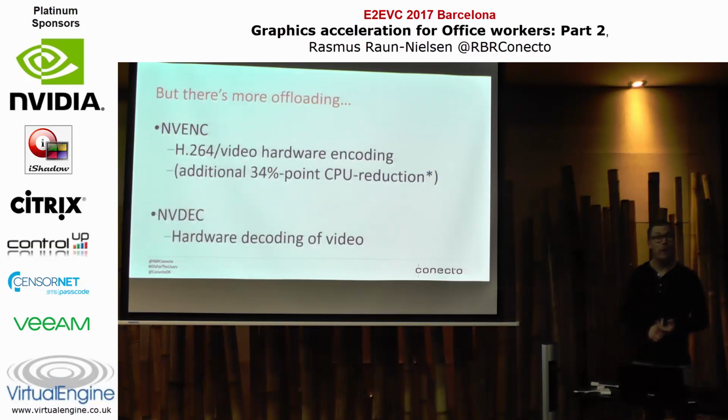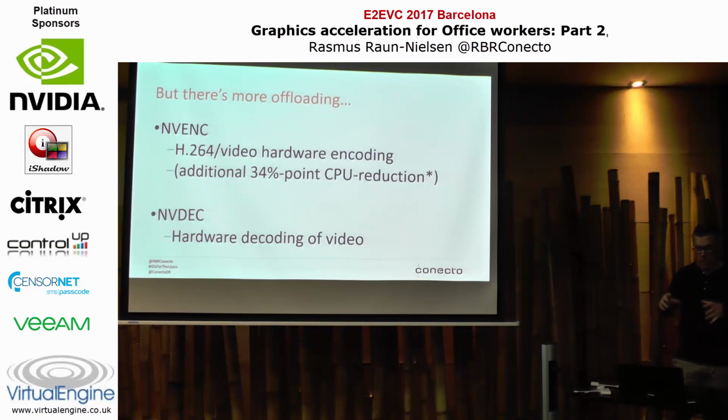But there's more offloading. We talked about the adaptive display version 2, that it was scanning the session and deciding what parts of the content should be H.264 encoded. There's, on the graphics cards, an NVENC. You have heard about it if you attended the NVIDIA session yesterday.